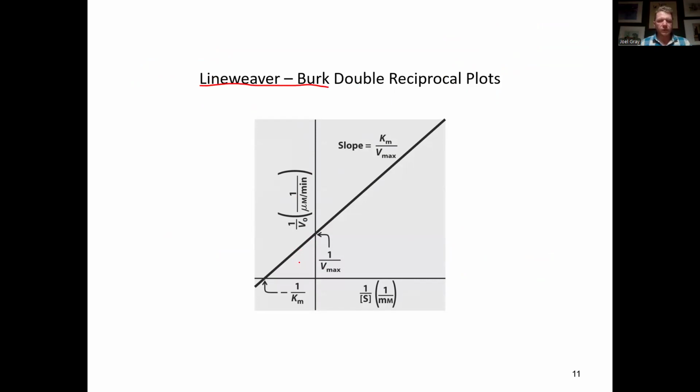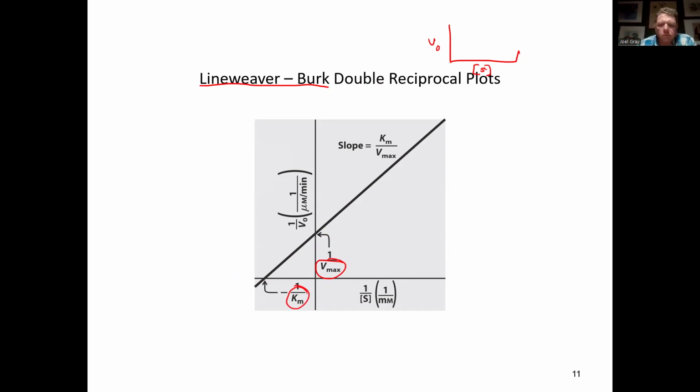So it takes the values that make up our x and y-axis for our Michaelis-Menten plot, V sub 0 and substrate concentration, and simply takes the reciprocal values and gives us a plot that's a linear representation of this. Now, what's great about this plot also is that it gives us a very easy way to calculate our Vmax. It also gives us an easy way to calculate our Km.